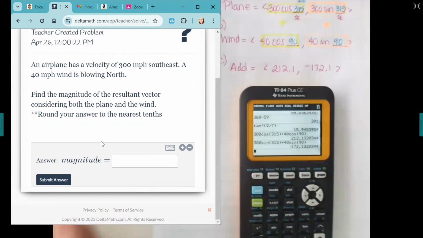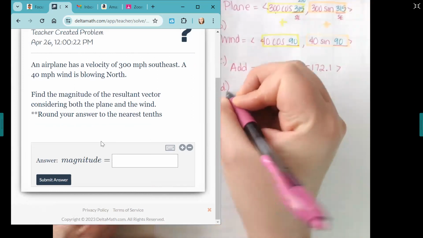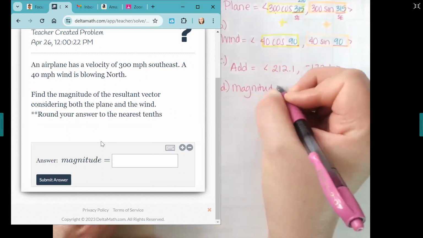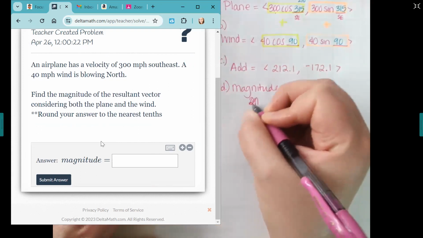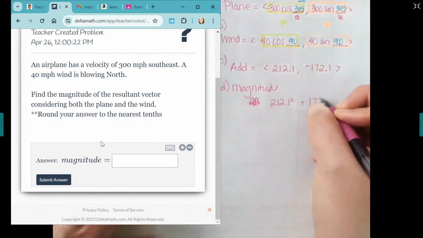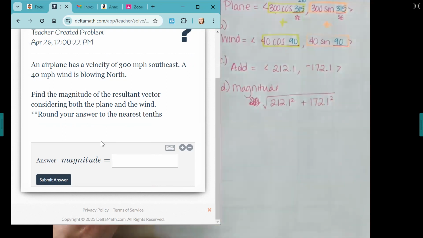So I'm gonna write it down here, then I'll put it in the calculator. Magnitude is gonna be 212.1 squared plus 172.1 squared. Then square root it.